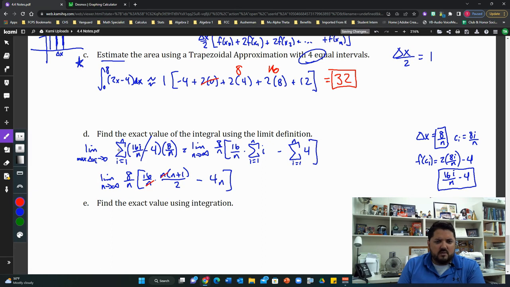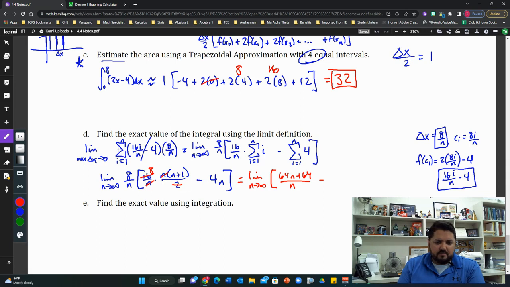So n's cancel, 16 over 2 will reduce to 8. So when I distribute my 8 over n, I end up with 8 times 8 is 64, so if I distribute that inside, we end up with the limit of 64n plus 64, and then on bottom, just n.